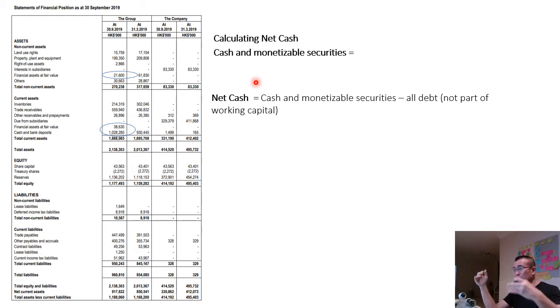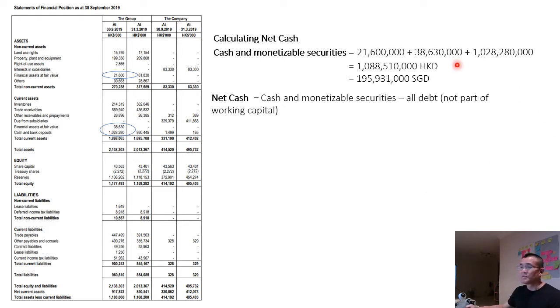The difference between cash and liabilities is your net cash. So I will ignore the other types of assets like property. Inventories, receivables, I'll ignore that. Trade payables, I'll ignore this. I make an assumption that the trade receivables and trade payables are going to cancel themselves out. So I just look at cash and look at debt, and subtract them. If you do that, you'll get these values over here.